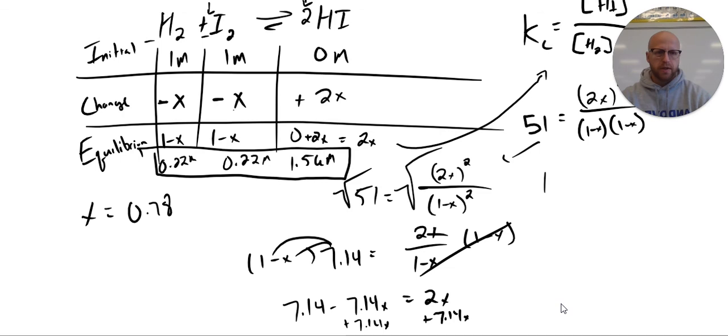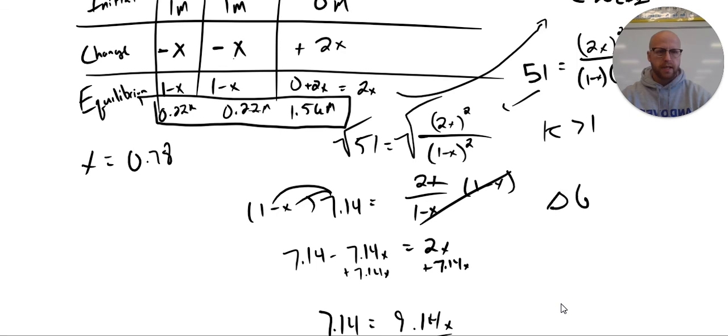So this is 51, so in this case, K is greater than 1, right? So this should be a product favored reaction. Well, it is, because I end with 1.56 molar of this, where my other two are less, so it is product favored. So this also tells me that delta G is going to be less than 0, or that the forward reaction is going to be favored for this.